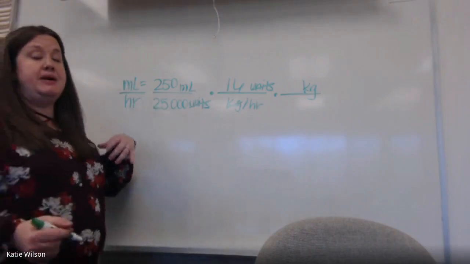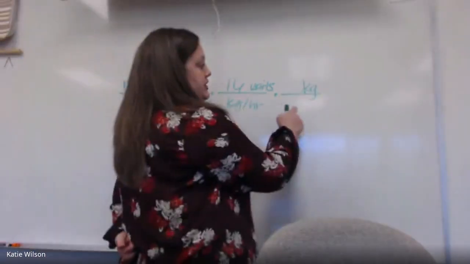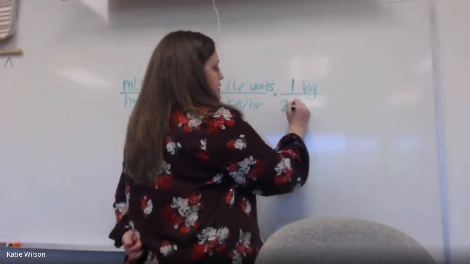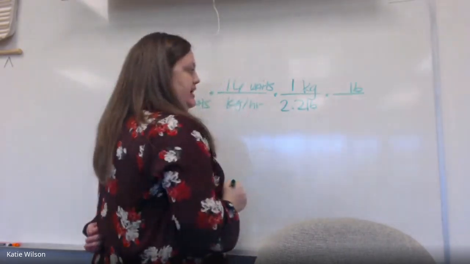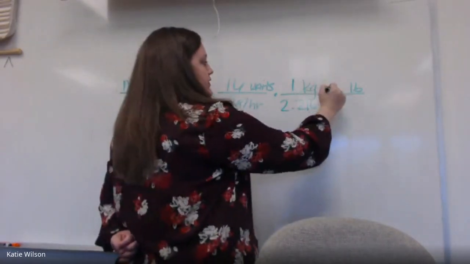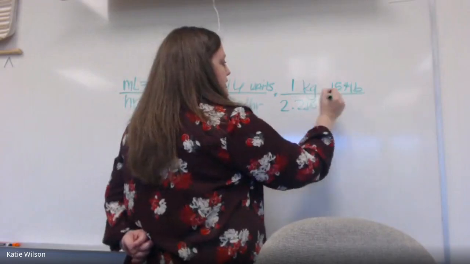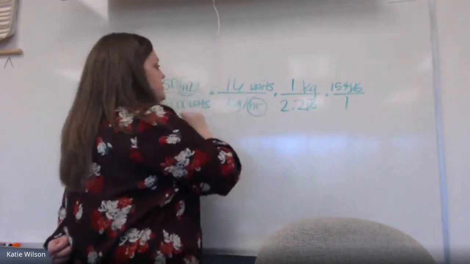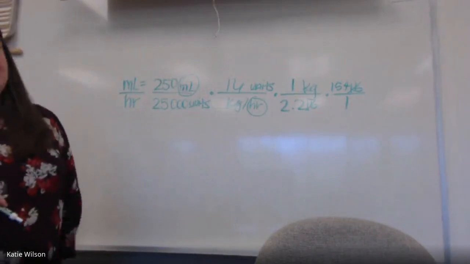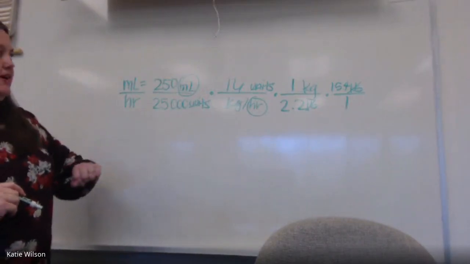They give us the patient's weight in pounds, so I know I'm going to have to put a conversion factor in here. How many pounds is the patient? 154. That cancels out pounds. I've got hours on the bottom, milliliters on the top. Everything else is canceled out, so I know I'm set up correctly.